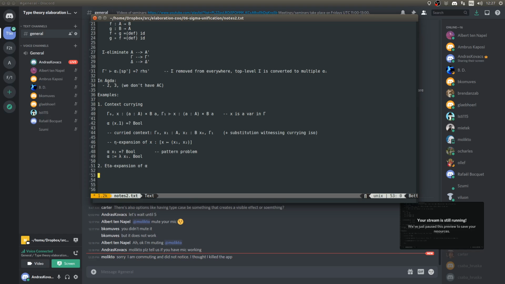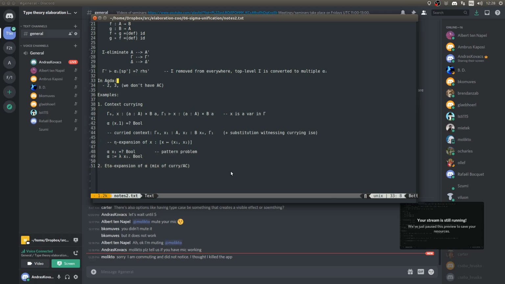This eta expansion of alpha is a special case of using some combination of axiom of choice and currying on the meta variable alpha, so it's kind of a mix of curry and AC.